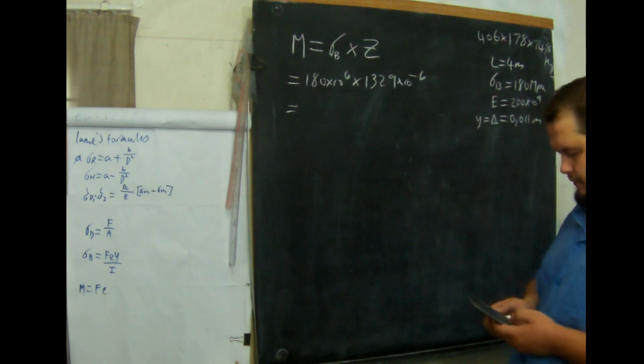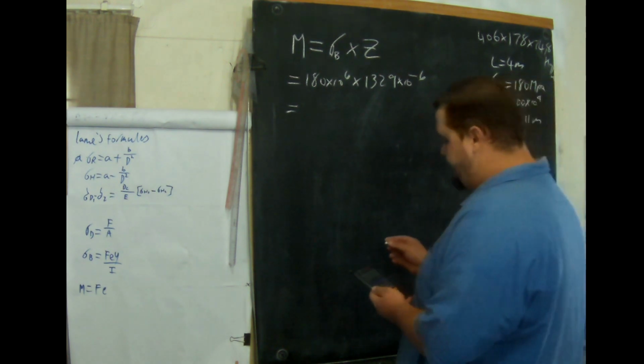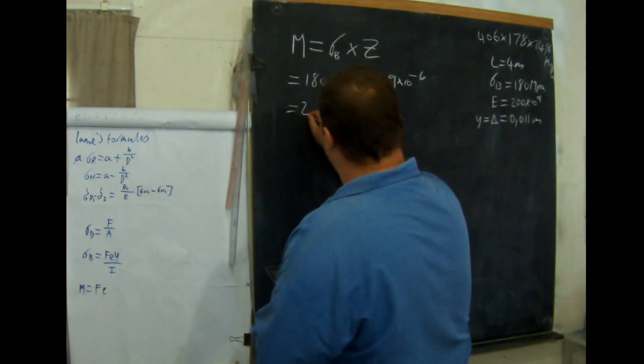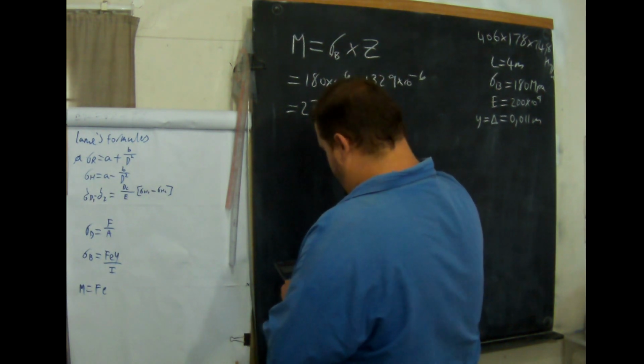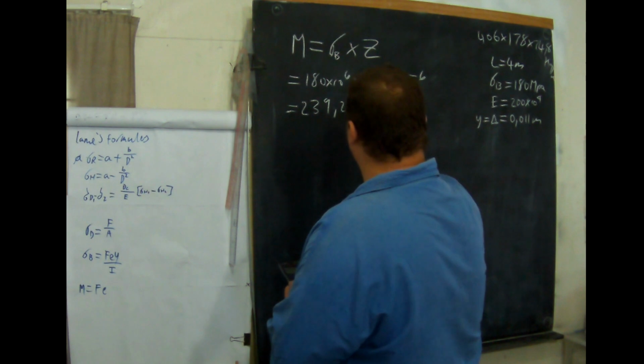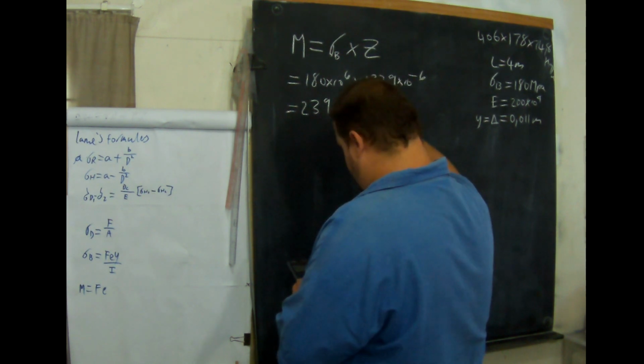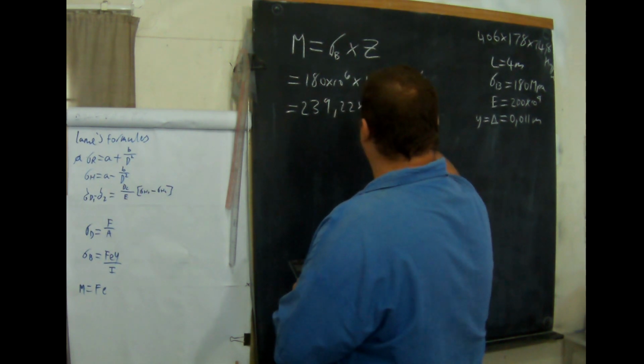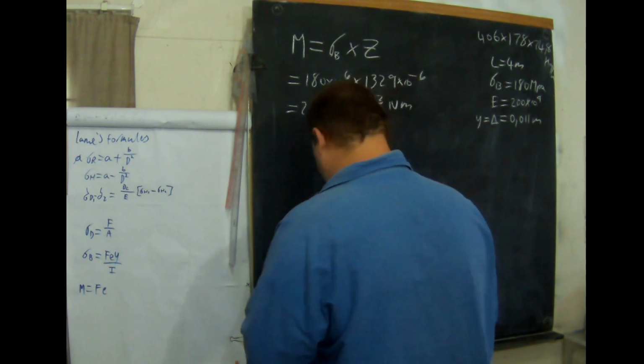Okay, I get 239,22 times 10 to the 3 Newton meters.